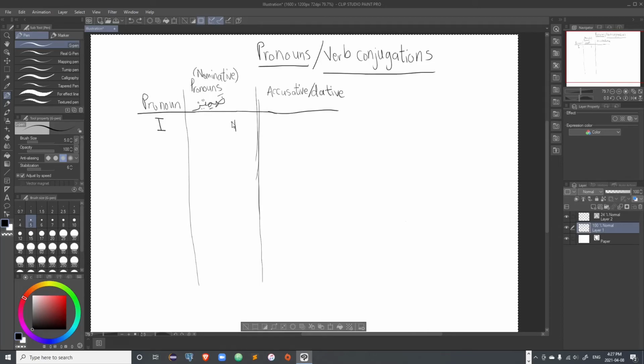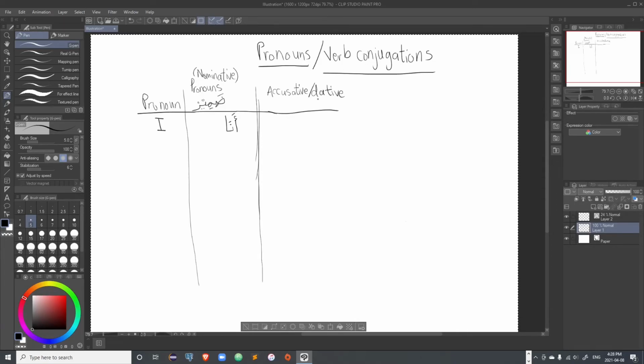I will lower that a bit so that I have room for the fatha. أنا. This also means I am. When I say I am eating, I would say أنا and then the word eating. But there is no to be verb in Arabic, so we will cover verb conjugations in a moment.